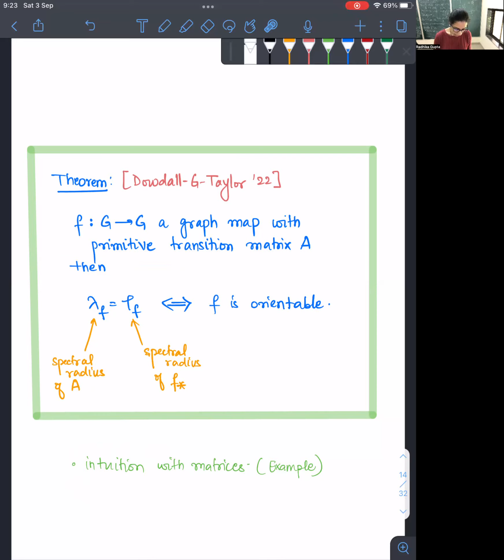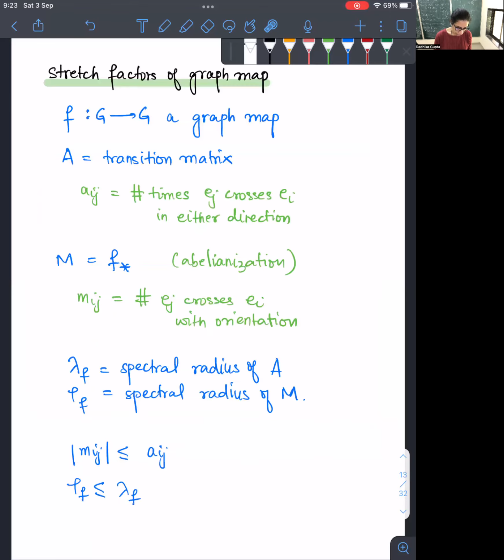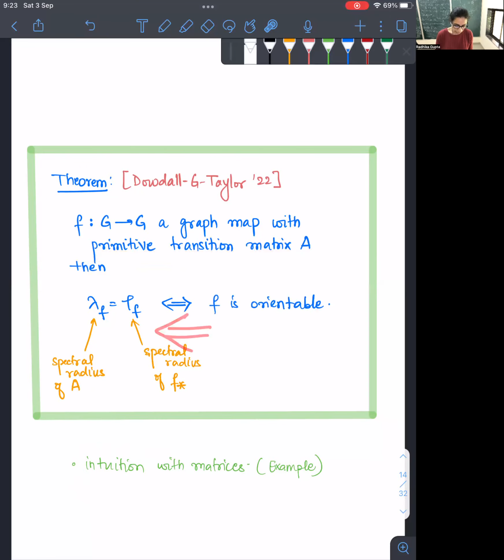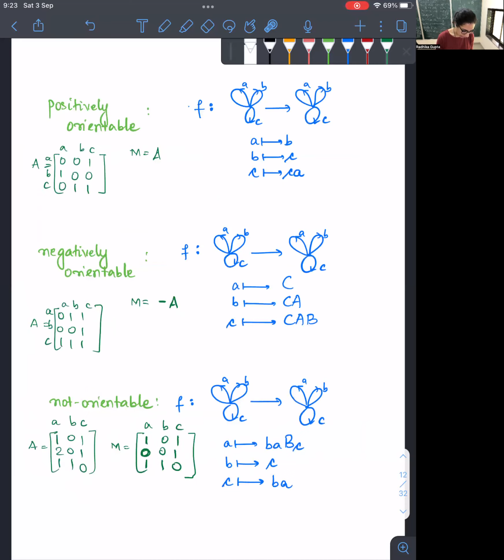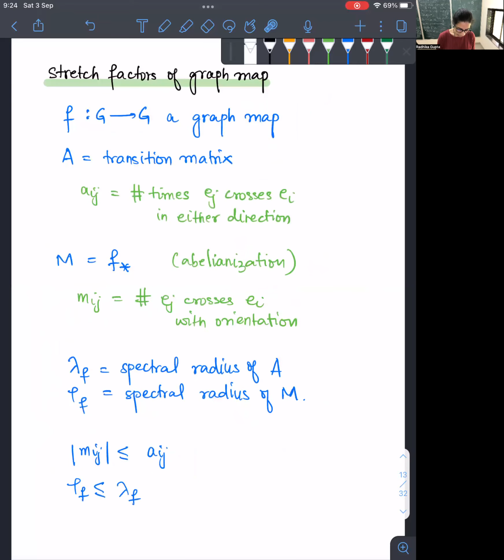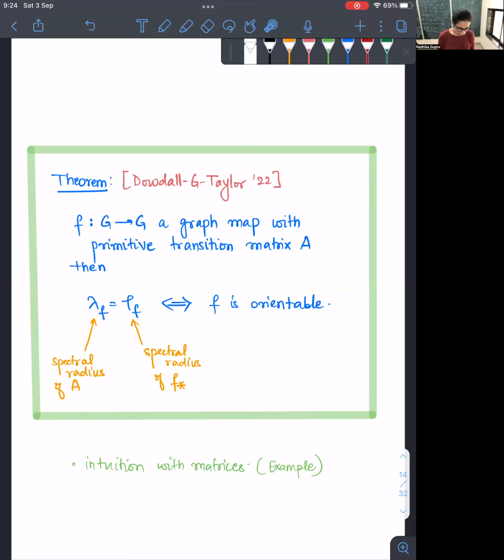And the intuition is clear from these examples, or at least one direction is clear, that if F is, let's say, positively orientable, then the matrices M and A are both equal. So of course they have the same spectral radius. For negatively orientable, M is negative A, but still the spectral radius, which is the absolute value of the largest eigenvalue, is still equal. And clearly in the non-orientable case, they need not be equal. So at least one direction is clear for this theorem.